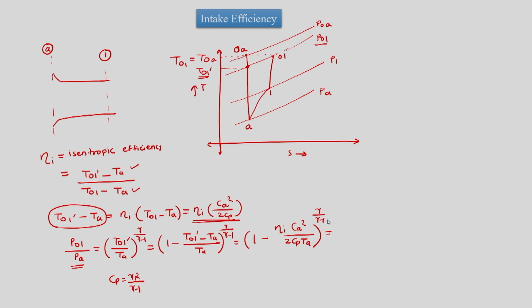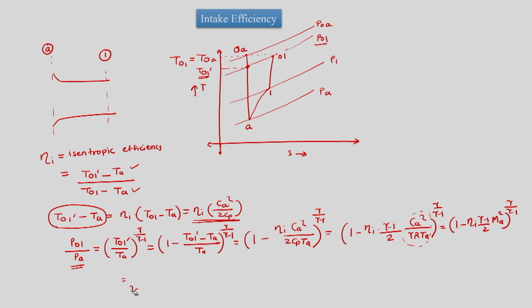So this we can write as 1 minus isentropic efficiency into gamma minus 1 by 2 into Ca square divided by gamma R Ta, and this Ca square divided by gamma R Ta is practically Ma square, bracket raised to gamma upon gamma minus 1.